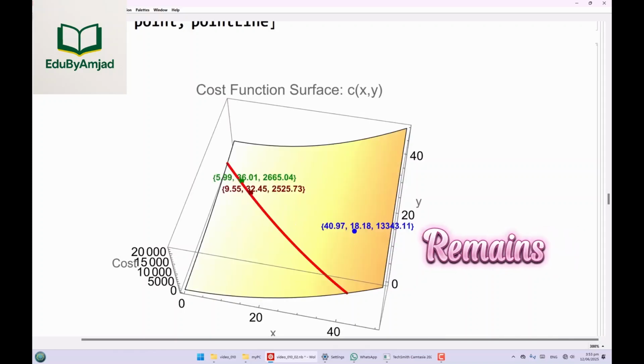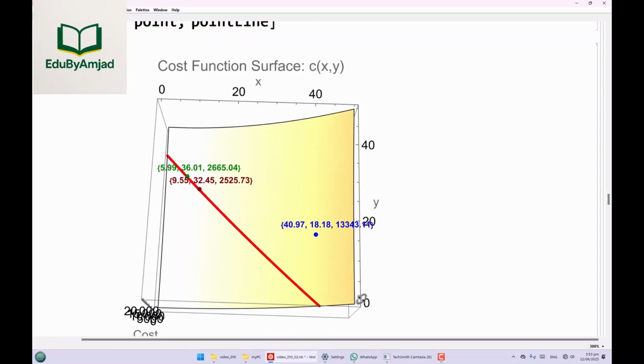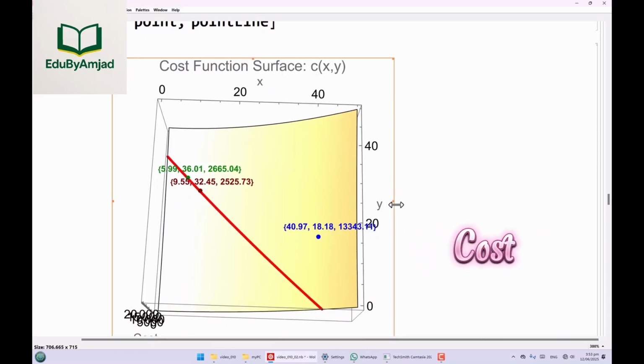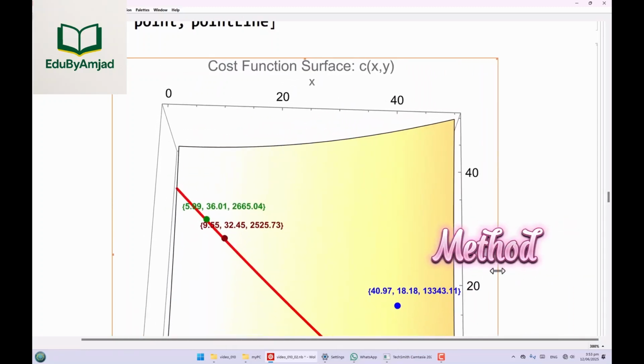However, the green point remains on the constraint line, even after changing its previous location. The dark red point is fixed and represents the optimum, cost-minimized point on the constraint line, as determined by the Lagrangian method.